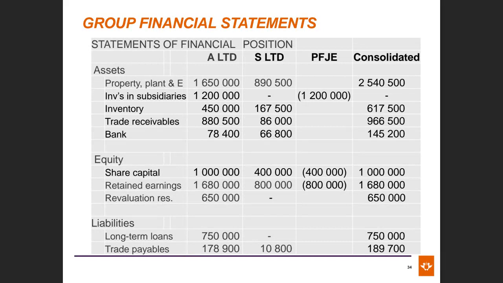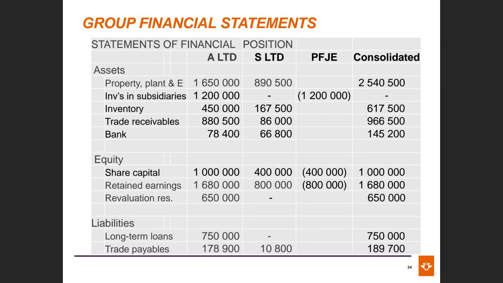S Limited had PPE of 890,000. We added A plus S, and that gave us PPE in the consolidated financial statements of 2,540,500 rand.